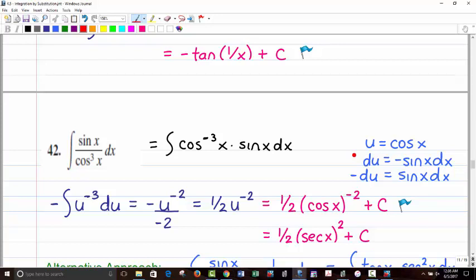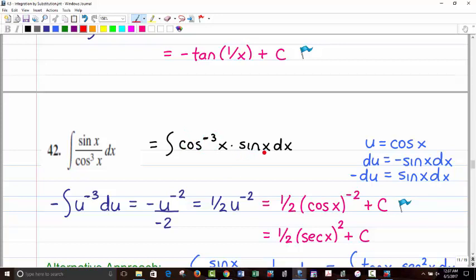That's true, and it would really be true if it was just cosine to the first power times sine to the first power. If that was the case, you could let either one of them be u. But here you don't really have a choice, even though you think you might. In this situation, you have to let u be the cosine, the one that has the non-1 exponent.